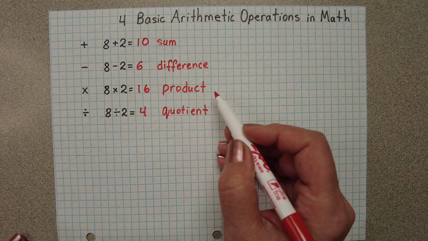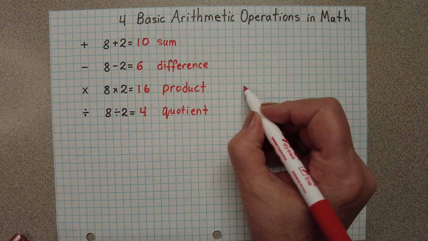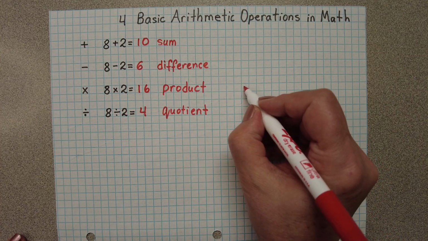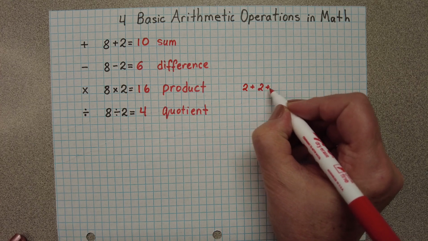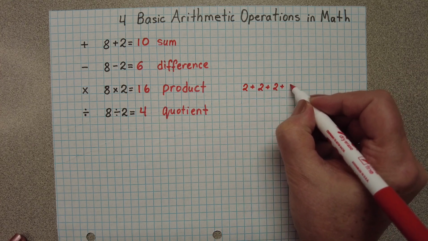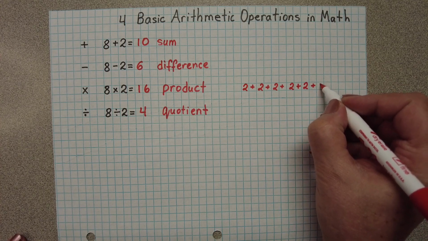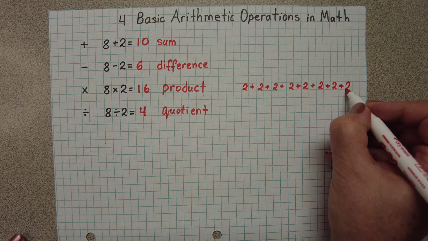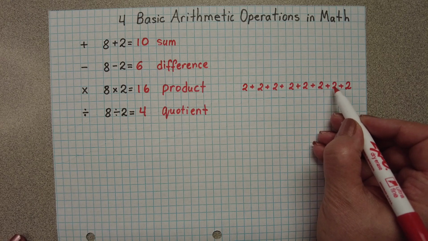For example, let's see 8 times 2. As an addition, we can write this like this. 2 plus 2 plus 2 plus 2 plus 2 plus 2 plus 2 plus 2. 1, 2, 3, 4, 5, 6, 7, 8.